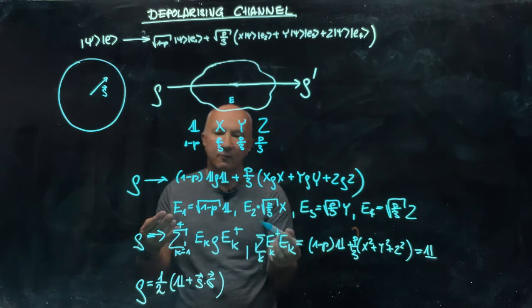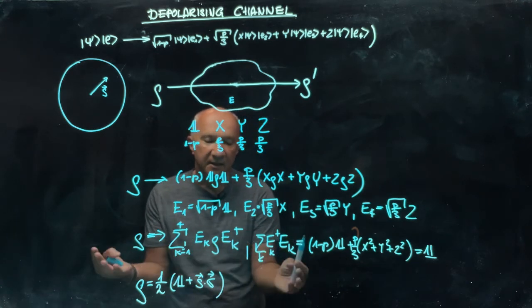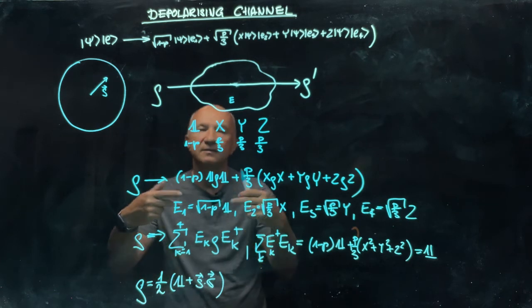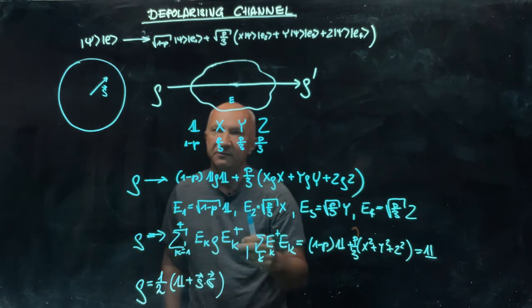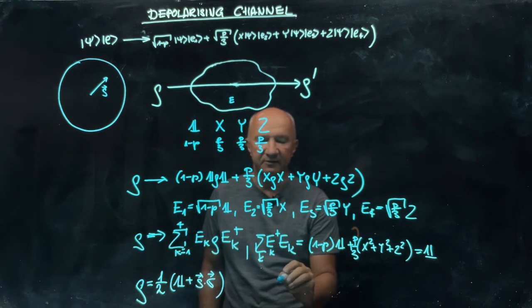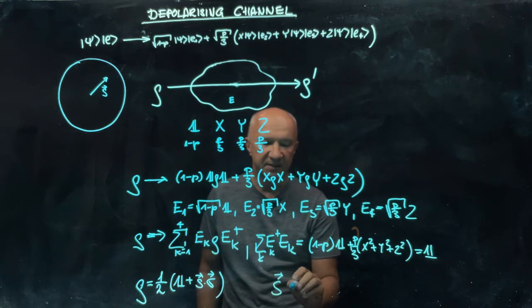Now when we express this in terms of the Pauli operators and apply this particular evolution, we will see that the evolution of the Bloch vector S is actually quite simple.